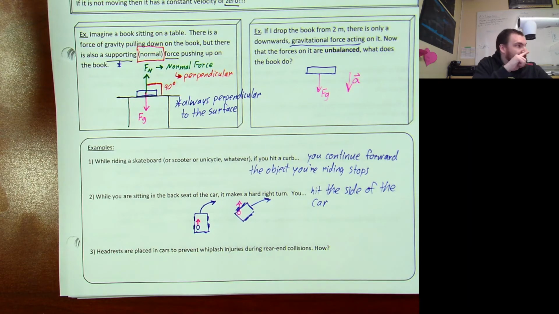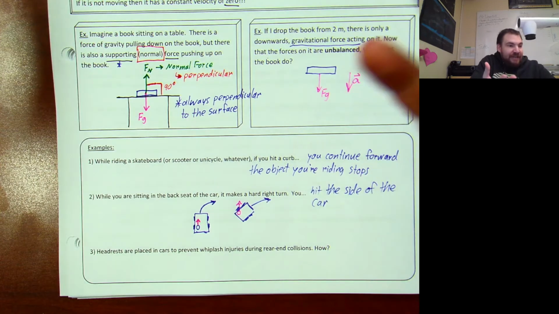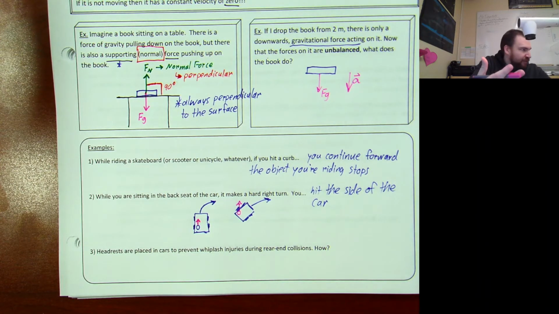It's exactly the opposite of the way we think about it. Nothing's happening to you. You were just minding your own business, traveling through the universe, and the side of the car got in your way. Now you have a bruise. The effect is the same. You hit the side of the car, but the reason is completely different.